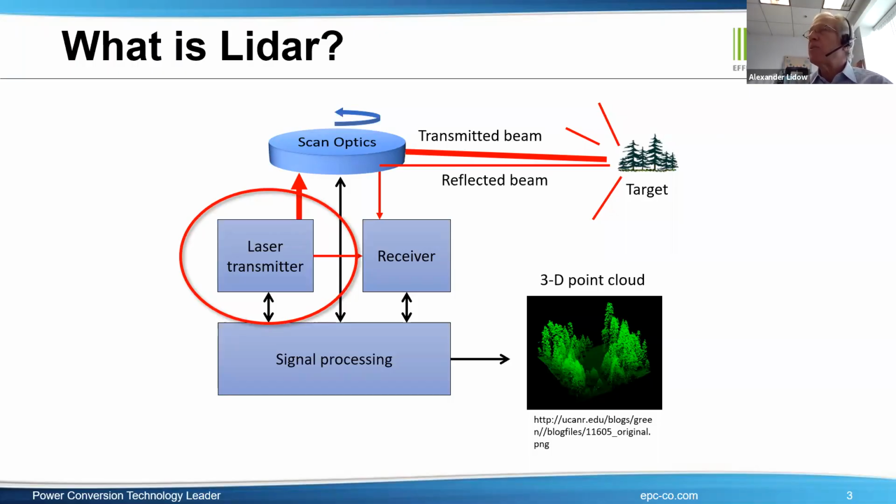And that beam is then transmitted out from that scanning, spinning mirror or MEMS mirror, or various ways of creating scanning optics, and it reflects off a target. That reflected beam goes to a receiver. And depending on how long that light was hanging out there, it tells you how far away those objects were, and you can get a point cloud such as you see in the lower right-hand corner.